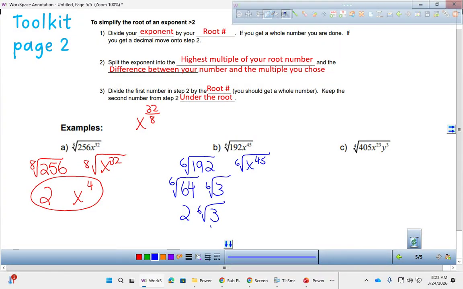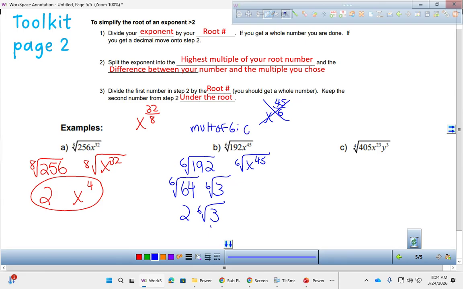Over here, I want to do 45 divided by 6. But I can't because that's a decimal. All right? So now I have to think about multiples of 6. I want to split this up into something that divides nicely into 6. Things that divide nicely into 6 are called multiples of 6.